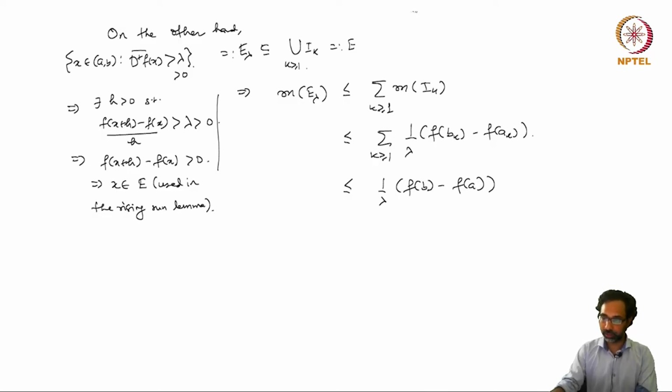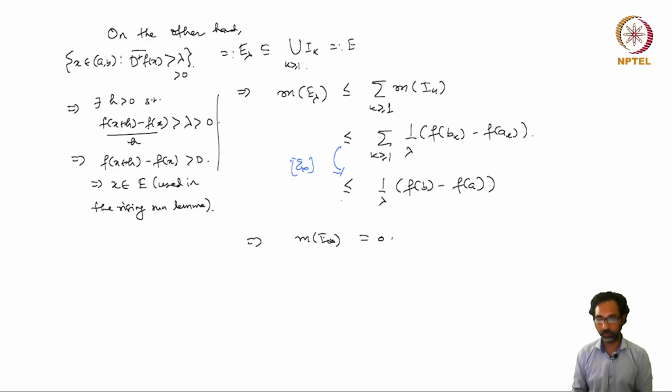So I am going to leave this as an exercise. This inequality, where you move from the sum of f(b_k) minus f(a_k) to f(b) minus f(a), I will leave as an exercise for you to check, and this shows what we wanted to prove, and this implies that the measure of E_infinity equals 0.